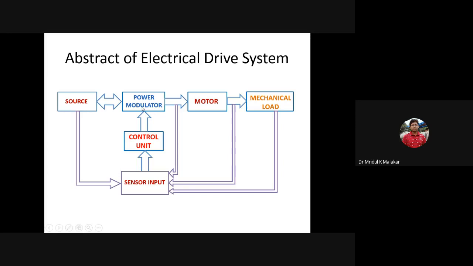Based on that, they can select their proper source. If it is a standalone system, they can use a battery. If it is a line drive system like wind energy application, a bidirectional system, or a solar application, they can use the solar source. There may be another converter, but the total thing is they are designing the source. This is the abstract version of the electrical drive system.